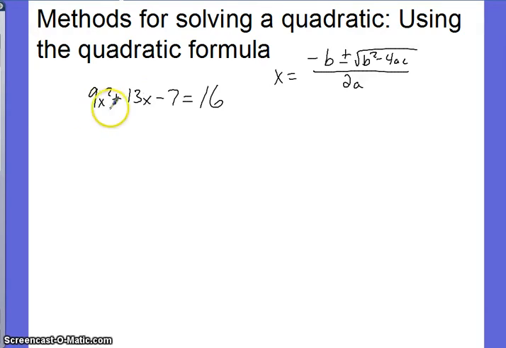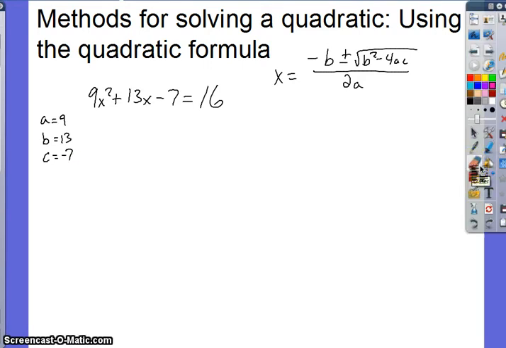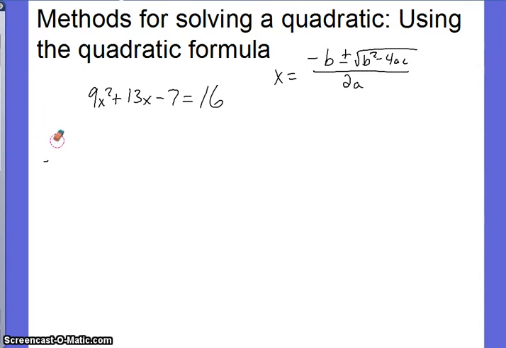So again, A, B, and C. So my A is 9, my B is 13, my C is -7. Whoops. Where did I make a mistake? Right? I don't have my A, B, and C. Why? Because I don't have it equal to 0. I don't have my quadratic in a solvable form.